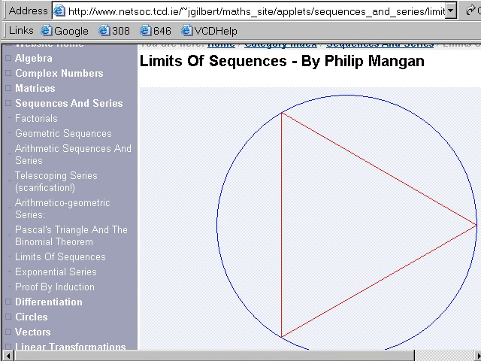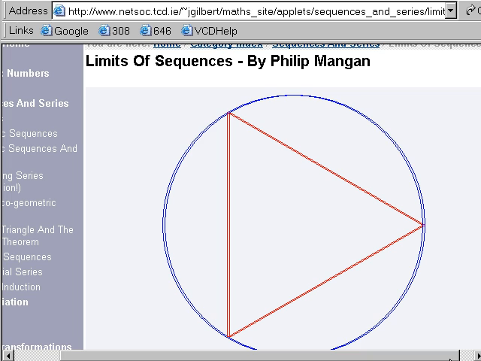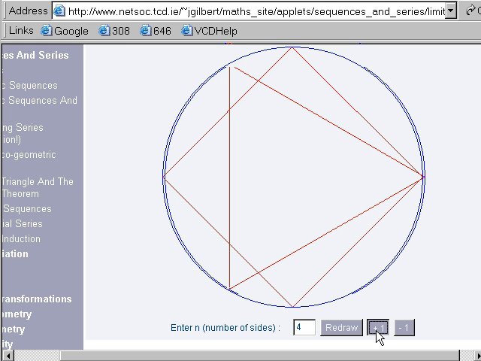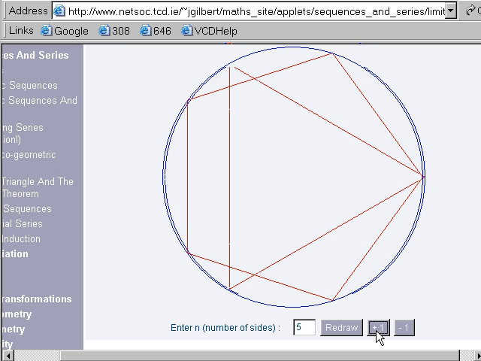It's loading all the classes. Okay, let me pause it for a second because I've had problems. Okay, this is an applet that allows you to visualize an inscribed polygon. Now that's unusual. Let's try reloading the page again.